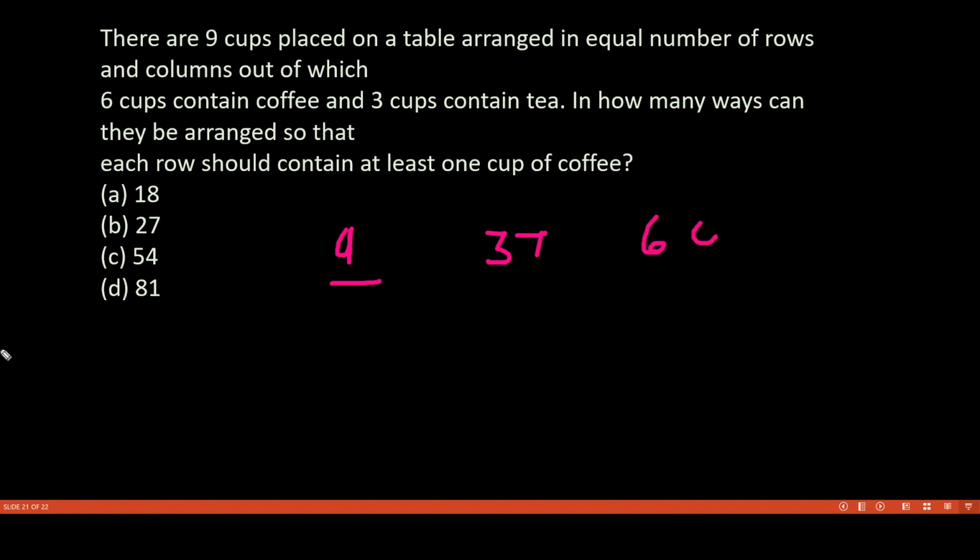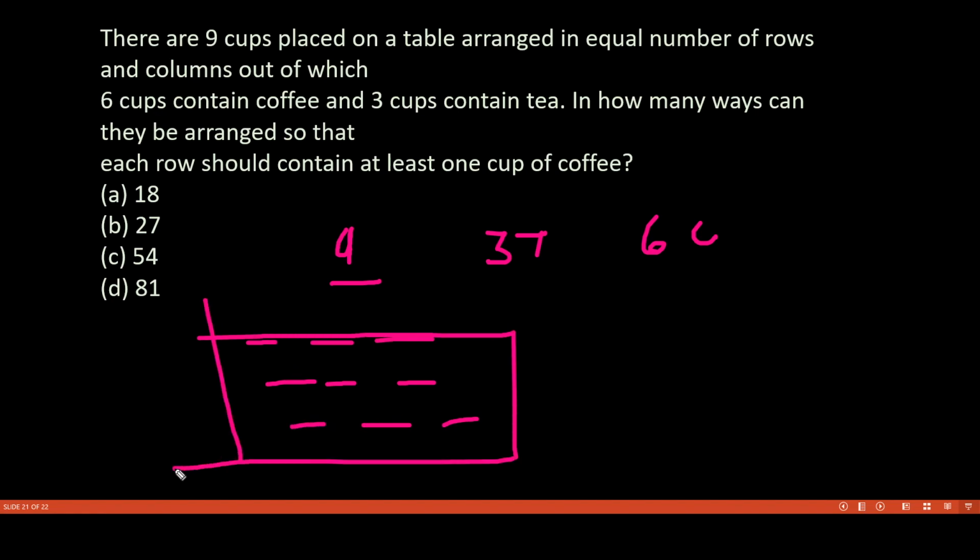Now we have to arrange them in equal number of rows and columns. So definitely we are going to use this type of arrangement. All right. So we are going to place it in a matrix of 3 cross 3. So let's see how many cases there can be. So in how many ways can they be arranged so that each row contains at least 1 cup of coffee? Okay. So let's see.